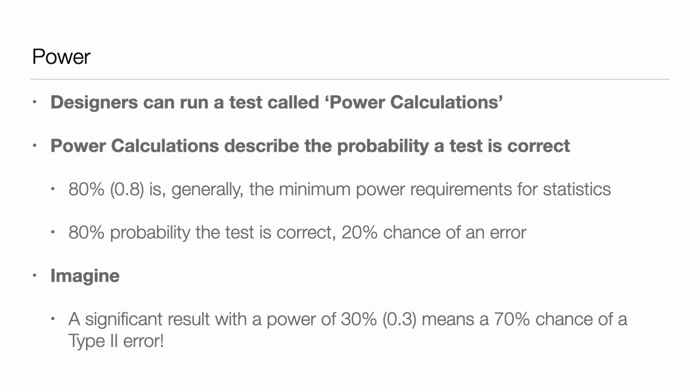That if you get 0.8 or above, we can say this test is good. We like this. So 80% chance of correct, 20% chance of a type 2 error. Now, if your power was 30%, which is 0.3, then there's 70% chance that all calculations are wrong. We're going to come back to this later on.